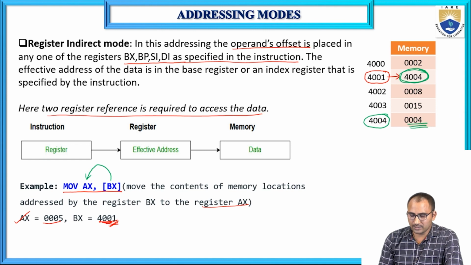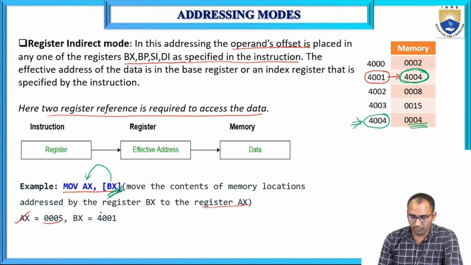That means the BX register is used to store the address, but we are not specifying the direct address. We are giving an indirect address. The actual address of the operand is 4004, but in the BX register we have given 4001.